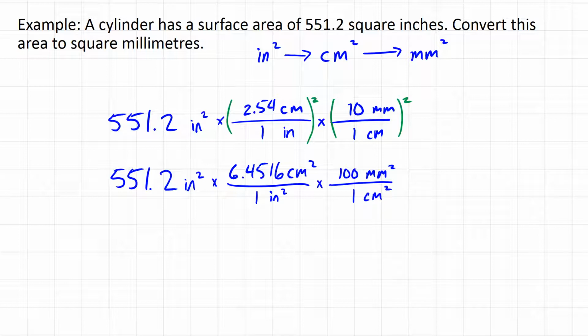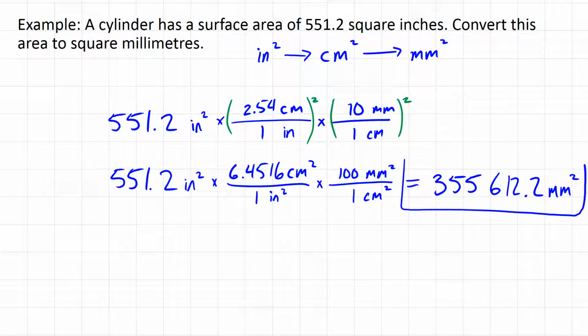And again, just like my linear unit conversions, I'm going to multiply by 6.4516 and multiply by 100. And I get an area of 355,612.2 square millimeters. So you notice because of all that squaring that our numbers can get really large.